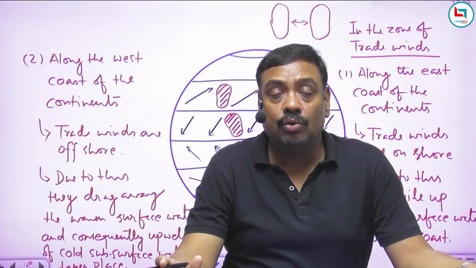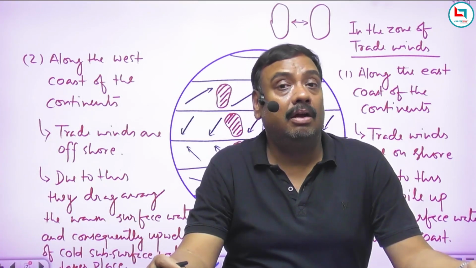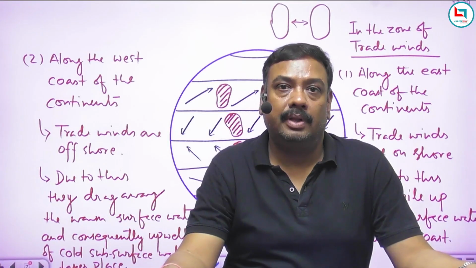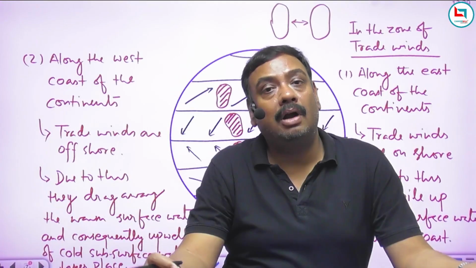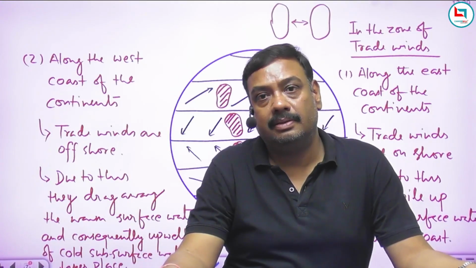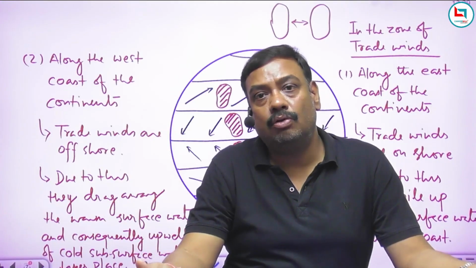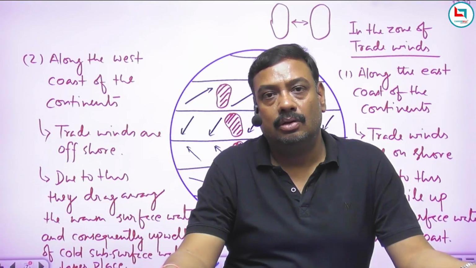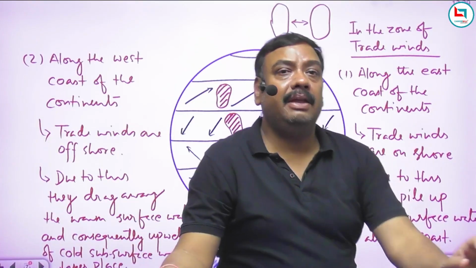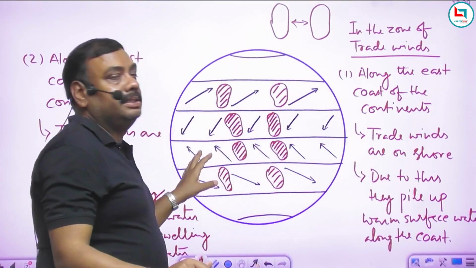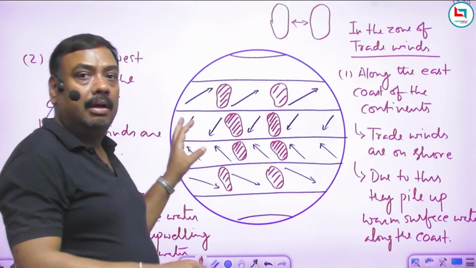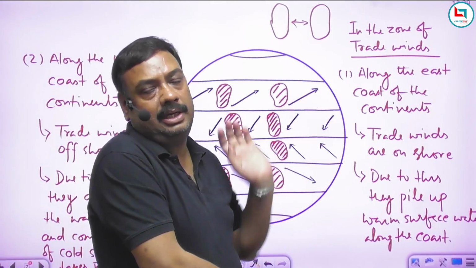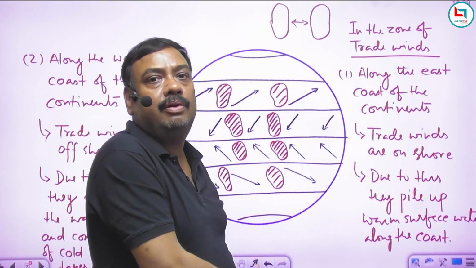So you have to read very carefully what kind of statement is given there, and what particular words are used: east coast, west coast, eastern margin, western margin. If you remember and understand this diagram particularly, obviously you will be able to infer all those statements.